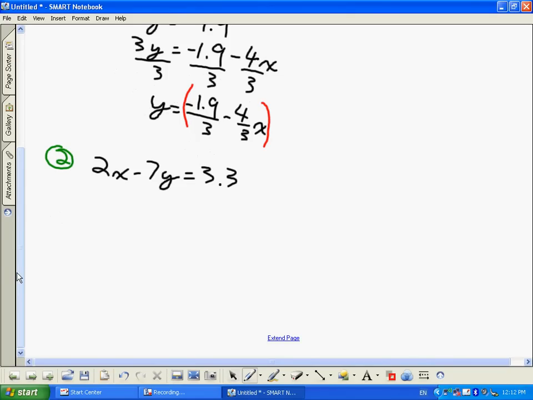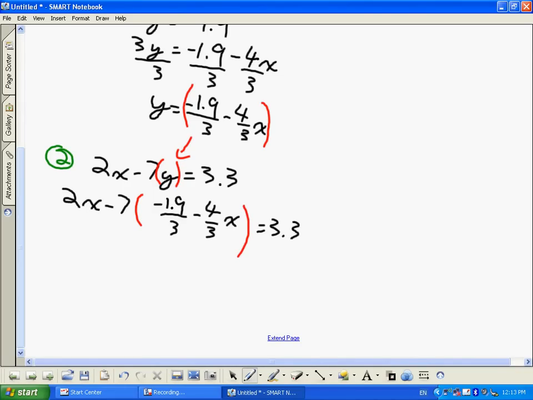I'm going to substitute my algebraic expression into the y in the second equation. We plug this in, it'll look like this: 2x minus 7 times negative 1.9 over 3 minus 4 over 3x equals 3.3. Okay, so part of this is in fractions, part of it's whole numbers.